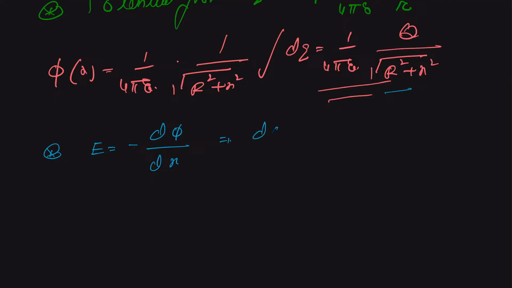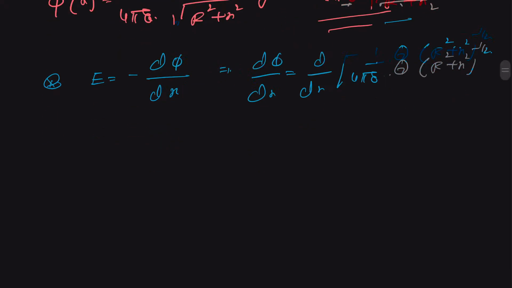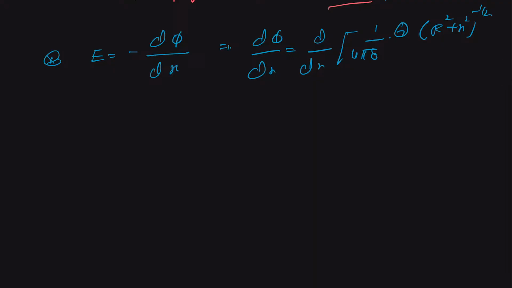The derivative of our potential will be d by dx of 1 upon 4 pi epsilon naught, q, which we can write as (r square plus x square) to the power minus 1 by 2. So we get d phi upon dx equal to 1 upon 4 pi epsilon naught q, and this will come as minus 1 by 2.